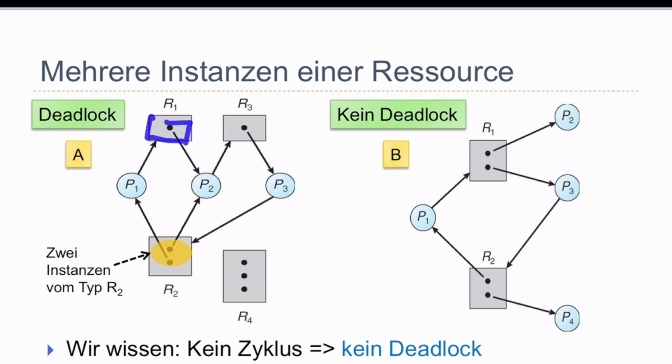We have resource 1, resource 2, resource 3, and resource 4, and each of these has different instances. Then we have the processes as little balls or nodes, and the arrows mean the process is asking for the resource. For example, P1 is requesting one of R1, right? And P1 has one instance of R2.